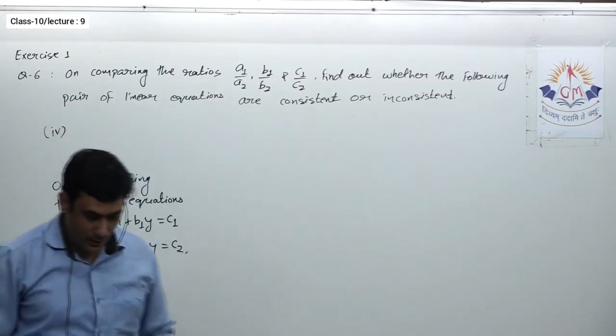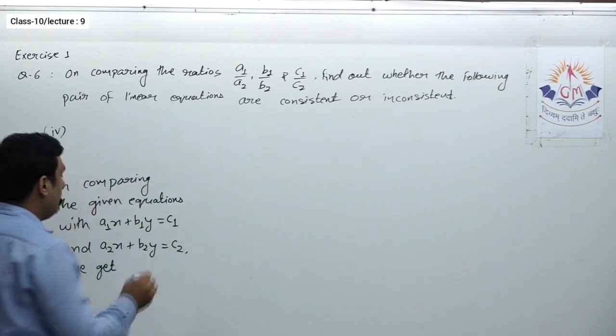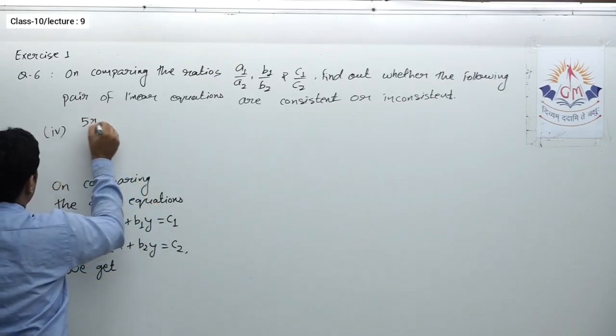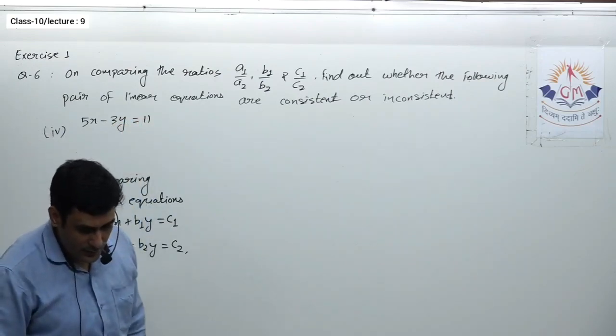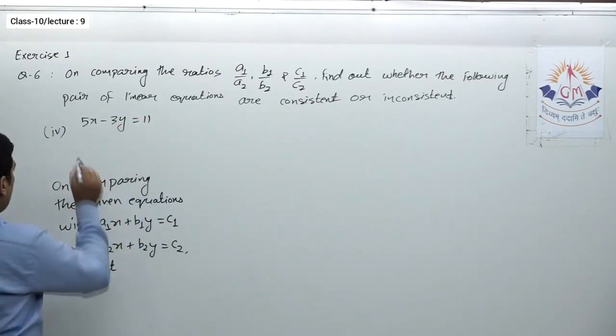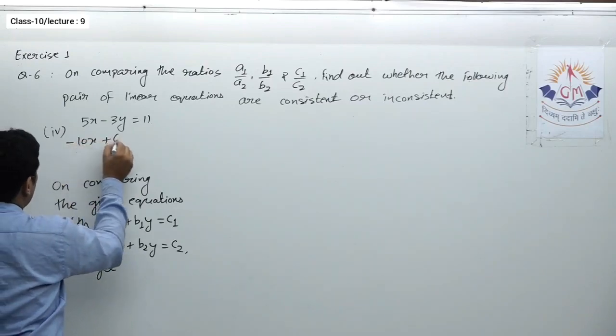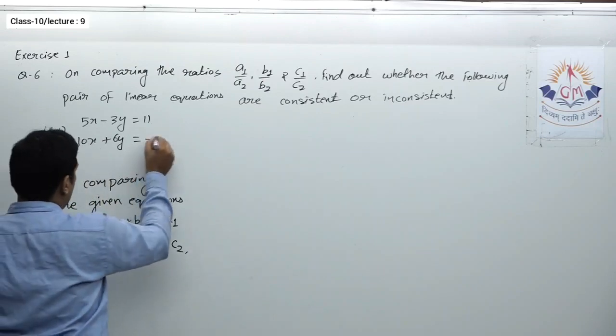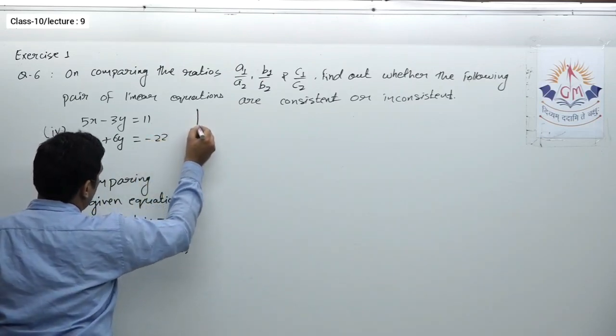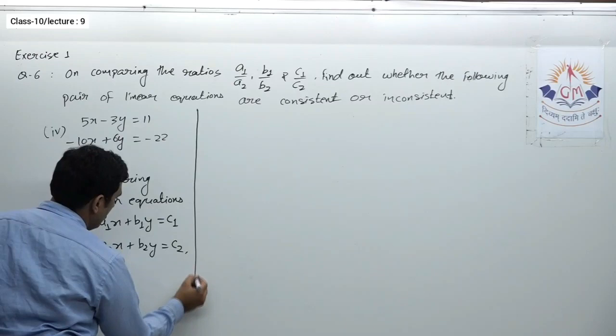Okay, the equations are 5x minus 3y is equal to 11, and another equation is minus 10x plus 6y is equal to minus 22. Okay, so again we'll start from the same.